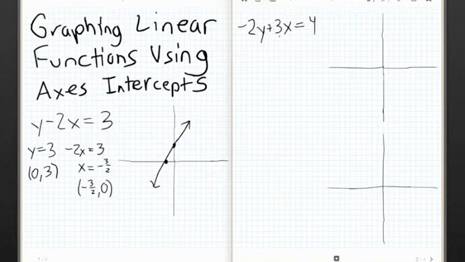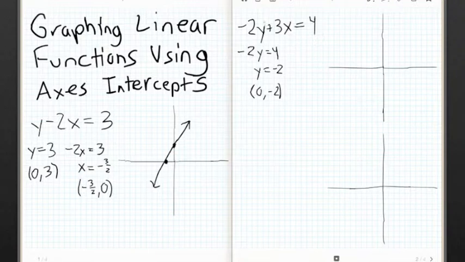Instead of having to convert this into y equals mx plus b, set x equal to 0. So the 3x disappears, and you get negative 2y equals 4. Y is negative 2, so this is 0, negative 2.